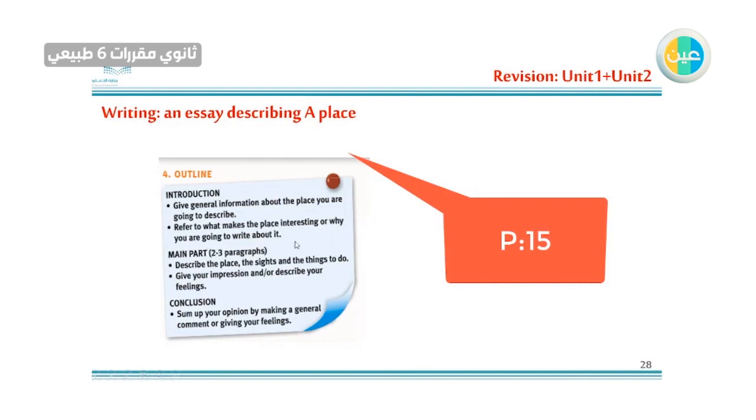Why did you choose this place to write about? Then main part, 2 or 3 paragraphs, describe the place, the site, the things to do, and give your impression or describe your feelings. Conclusion, you will sum up your opinion by making general comments or giving your feelings.